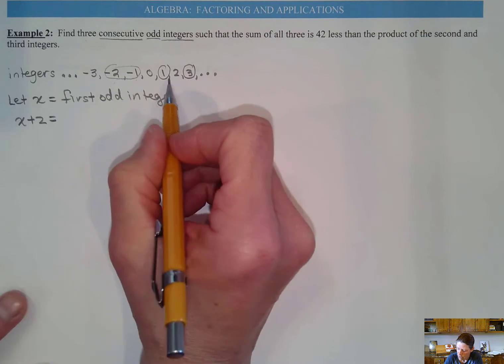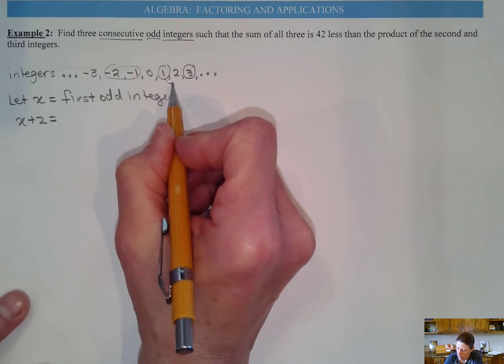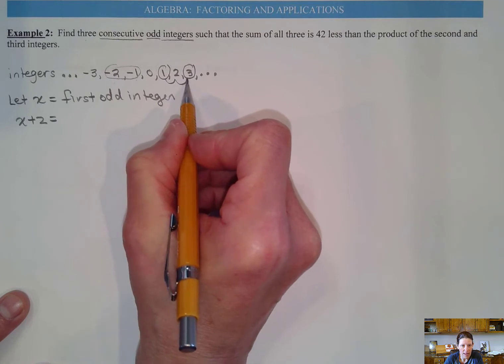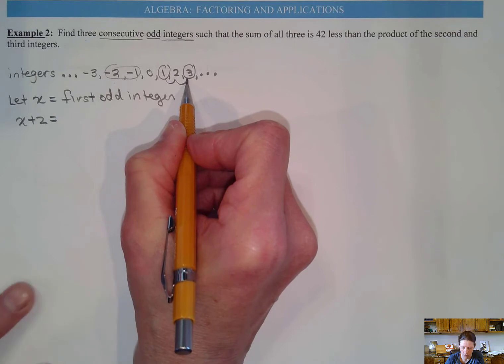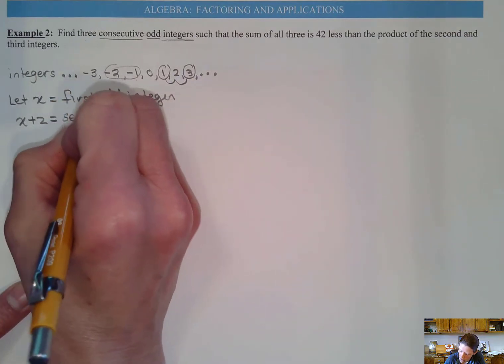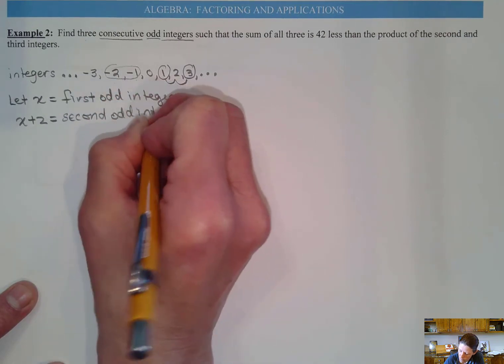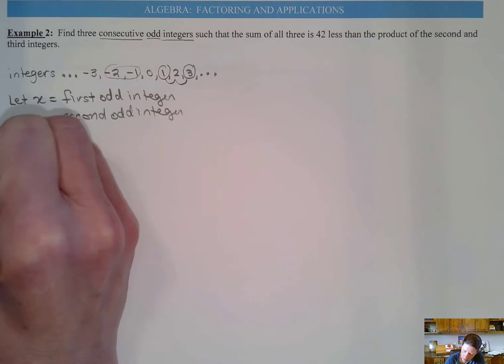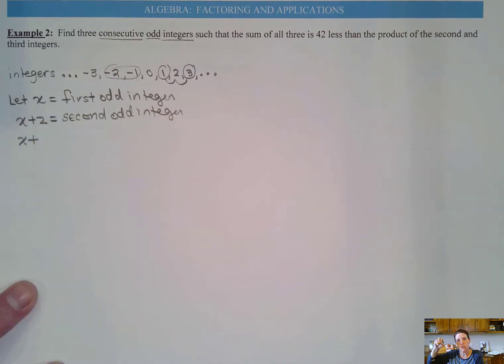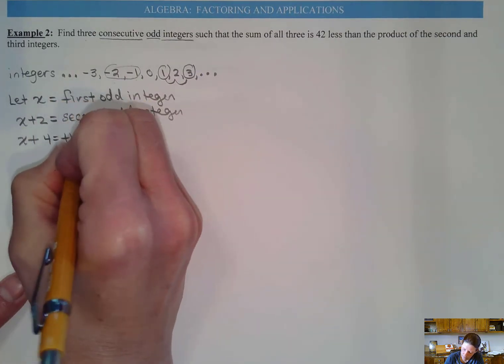For example, if our first odd integer is the number 1, then we would add 2 to that to obtain the next consecutive odd integer, 3. Okay, so x plus 2 represents the second odd integer, and then x plus 2 again, or x plus 4, represents the third odd integer.